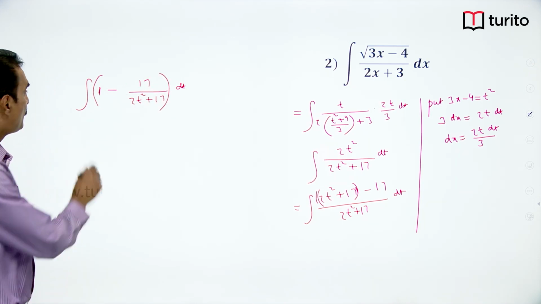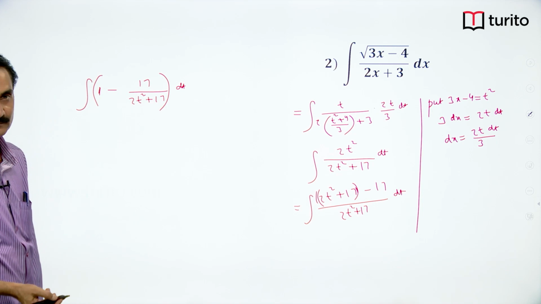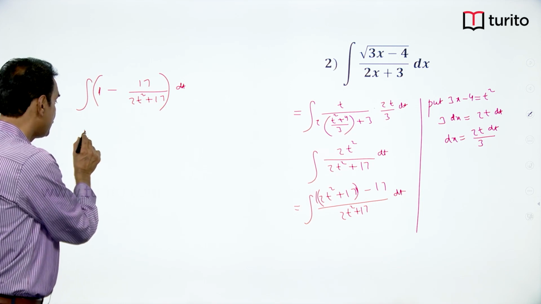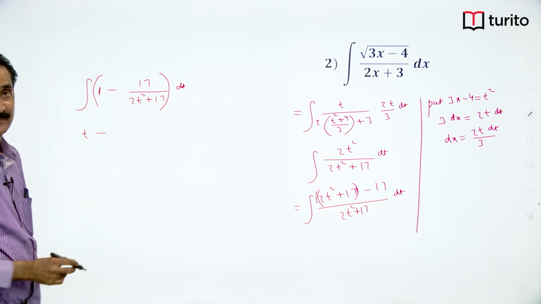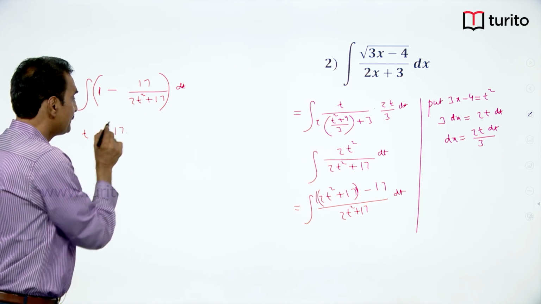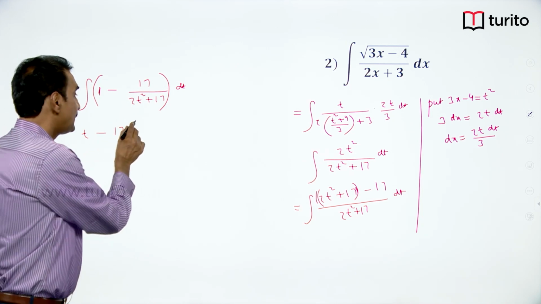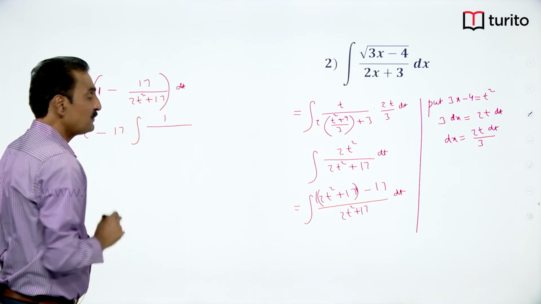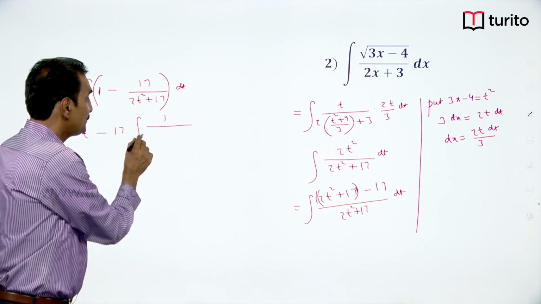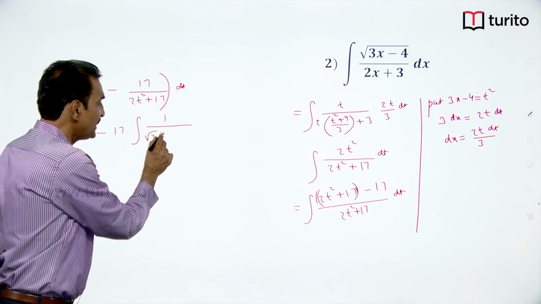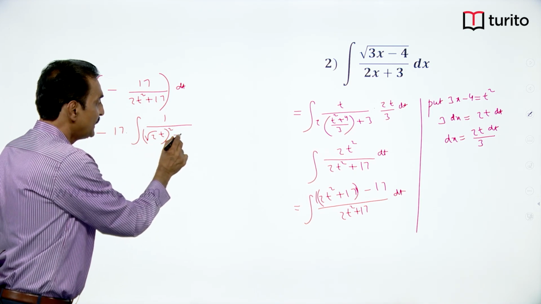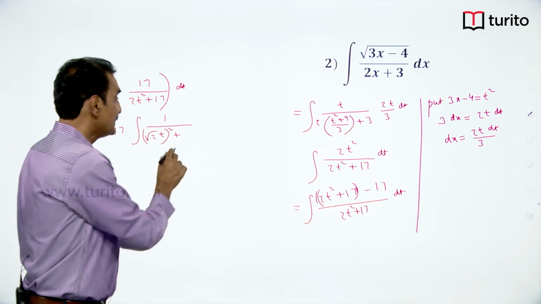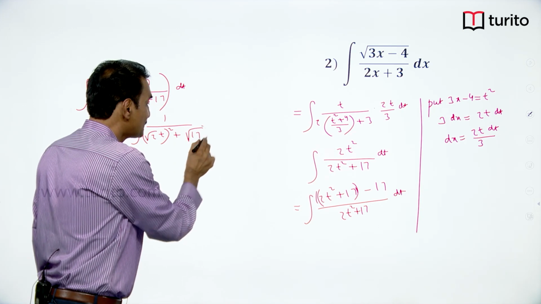What is the integral of 1 with respect to t? It is t, minus 17 into, write this as integral 1/((√2 t)² + (√17)²).